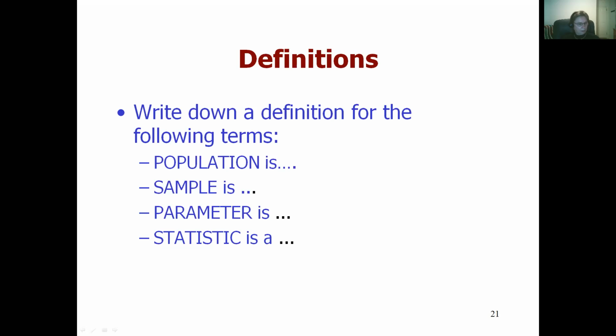So can anybody either type or unmute yourself and tell us what the population is? A large group from which a sample is drawn, and a sample is a proportion of the population. Very good. Perfect.